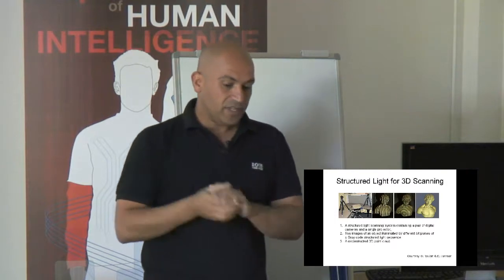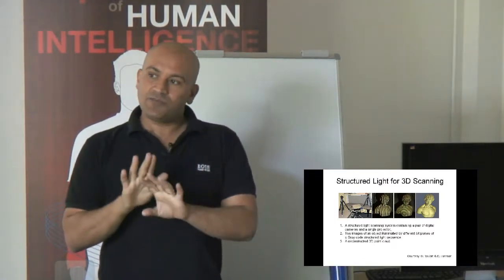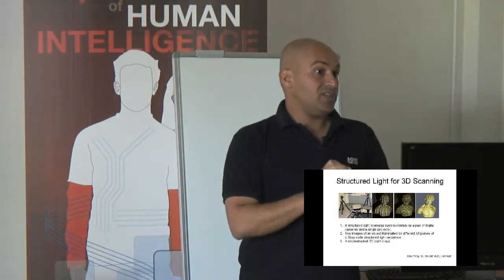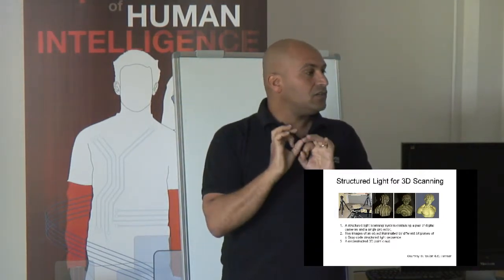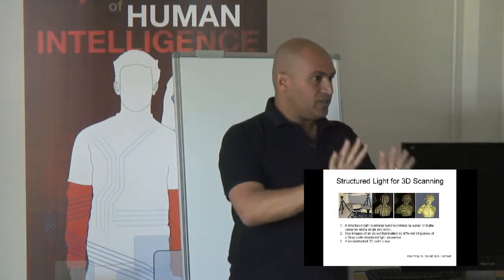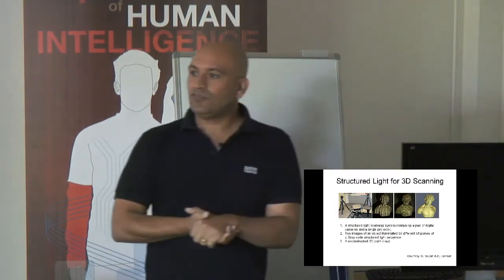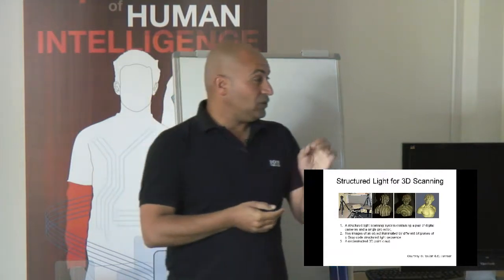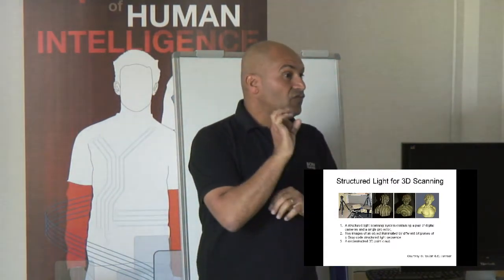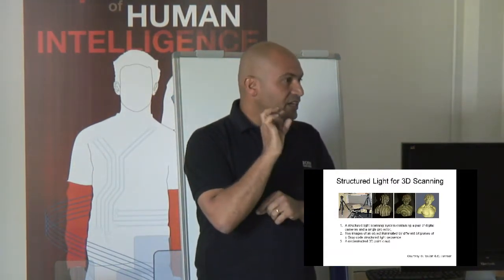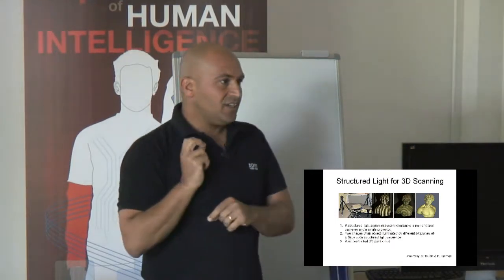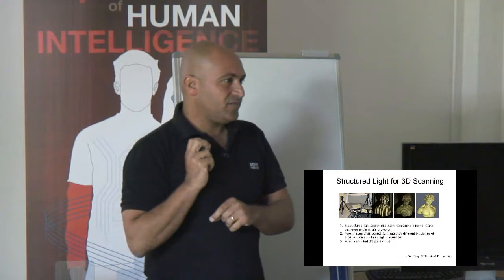and then we can recover the depth. Pretty much Kinect is based on similar technology, which is projecting circles on the viewed scene, and the size of these circles varies according to their distance from the camera.